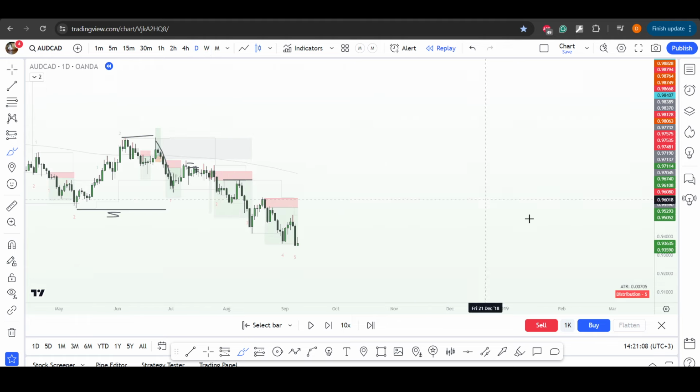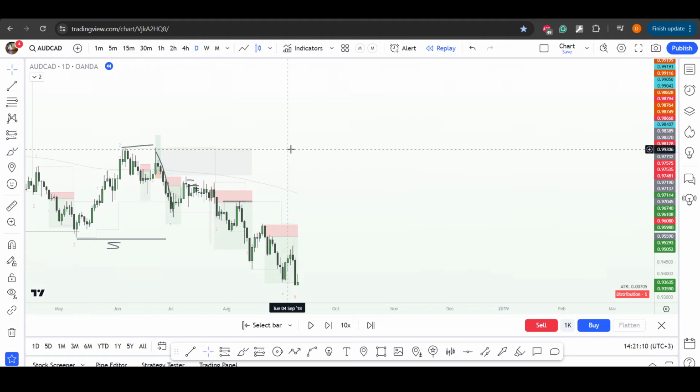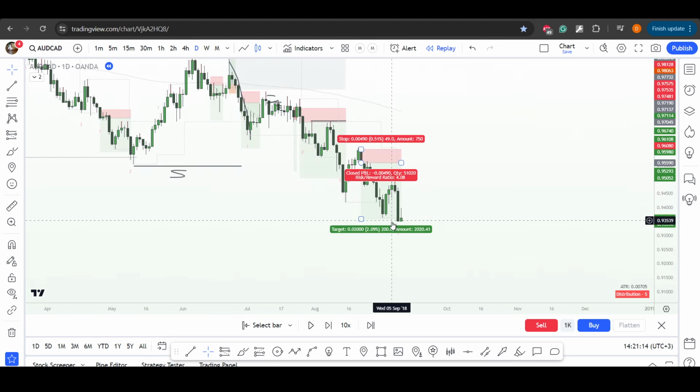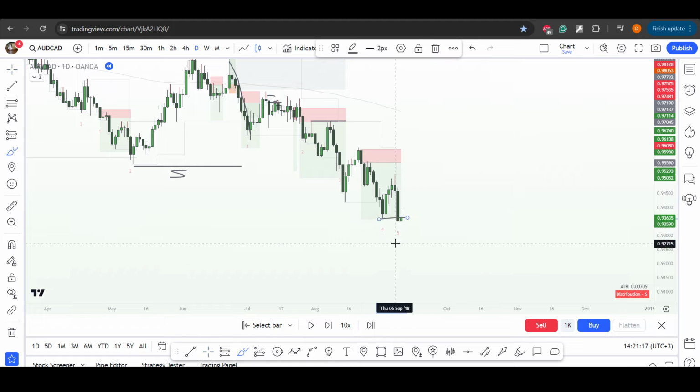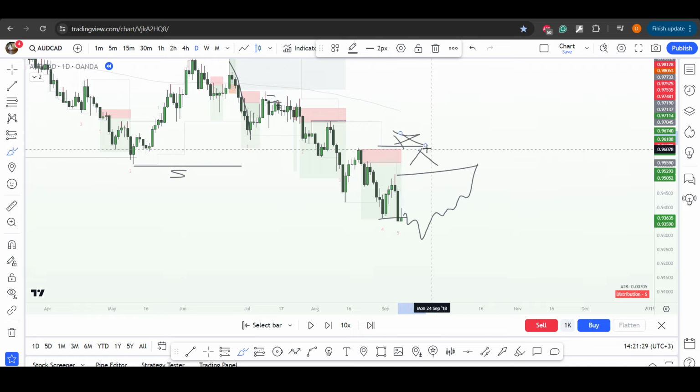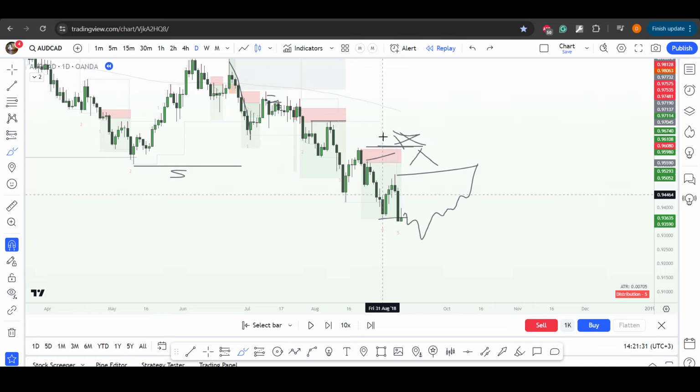But again, weekly is not so relevant to 1 hour. So daily is looking to take out this low. It actually already takes it out, but usually price needs to go a bit lower, and then the main scenario for us will be a pullback to take this high or even this high and then continue. Supply chain is holding somewhere here.